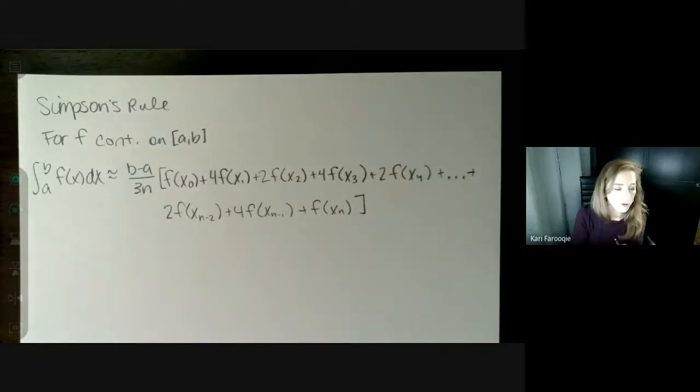So 1, 4, 2, 4, 2, 4, 1. So we have to be partitioned into an even number n of subintervals in this case.